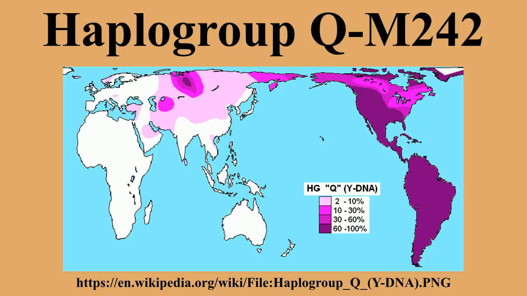South Asia. Q-M242 accounts for 6.9% of Afghans in a study. In this study, 18.4% of Pashtuns, the largest ethnic group in Afghanistan, turned out to be haplogroup Q. In another study with a large sampling, the frequency of Q rises to 8.9%.